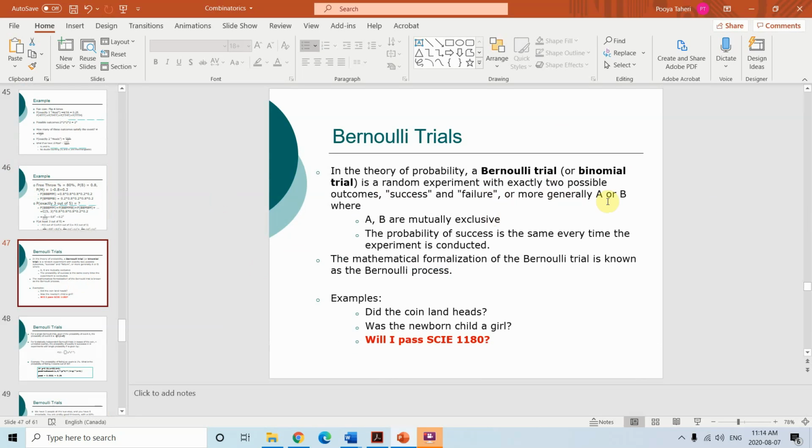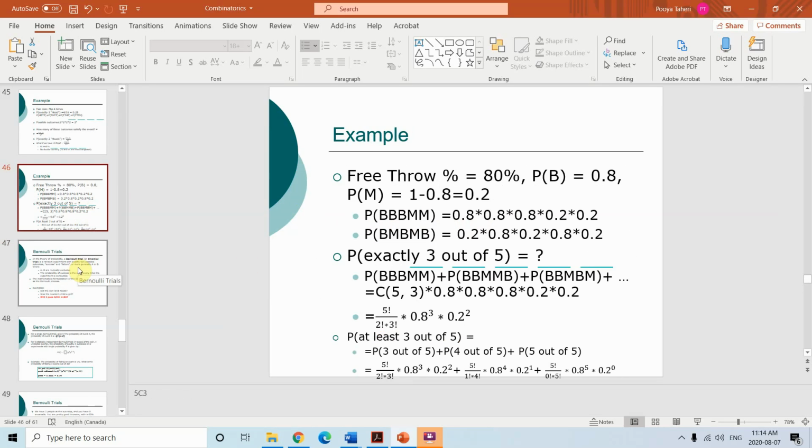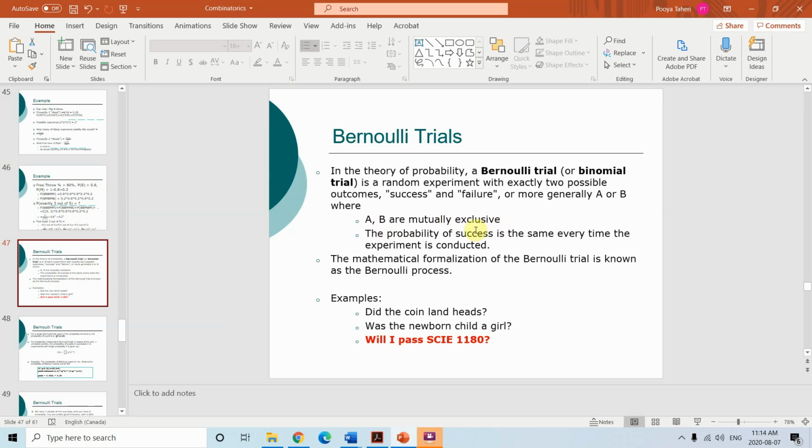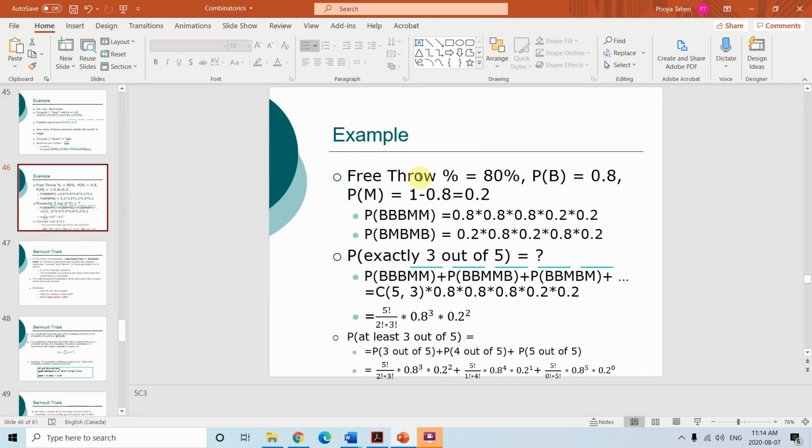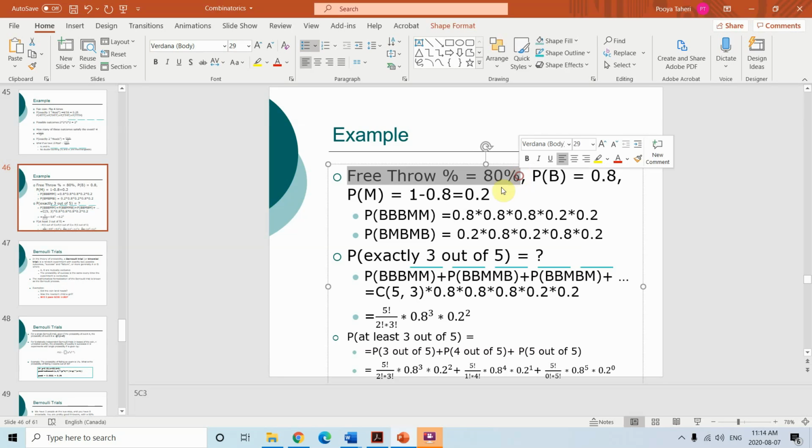Success and fail, or generally A or B, where A and B are mutually exclusive. It means that they cannot happen at the same time. We can't hit the basket and miss at the same time, right? So they're mutually exclusive. The probability of success is the same every time the experiment is conducted, right? Like here, we assume that the probability of having a successful throw every time is going to be 80%. It's not going to change. It's fixed.